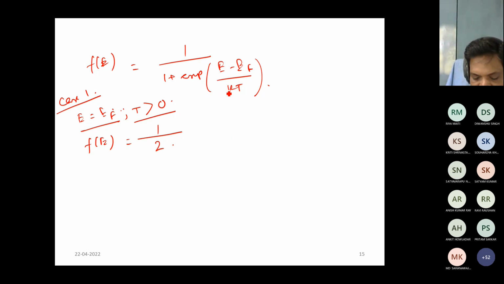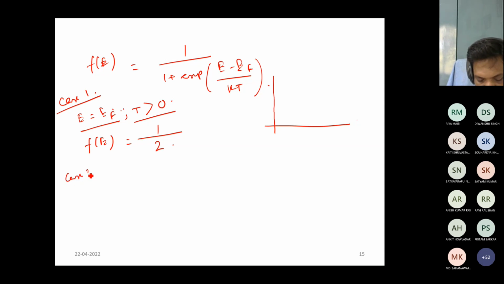For any finite temperature, at the Fermi energy level, the probability of occupancy of an electron is 50%. Am I right? Are you getting this? Yes, sir.